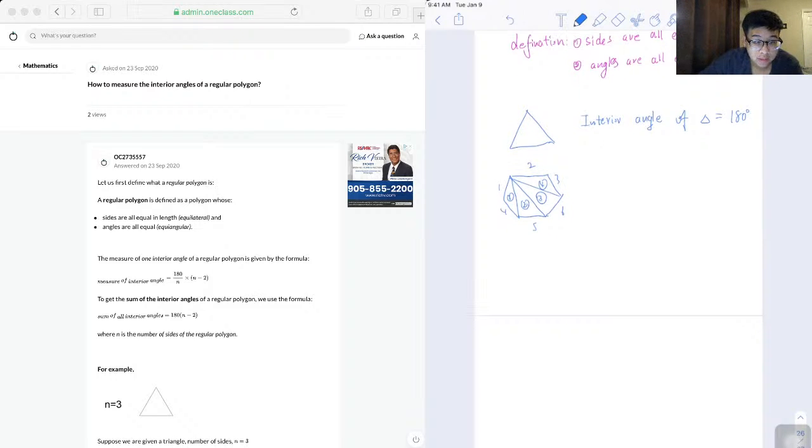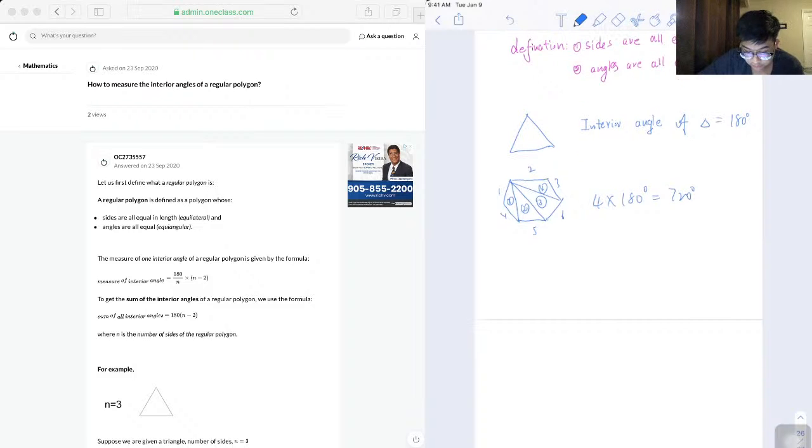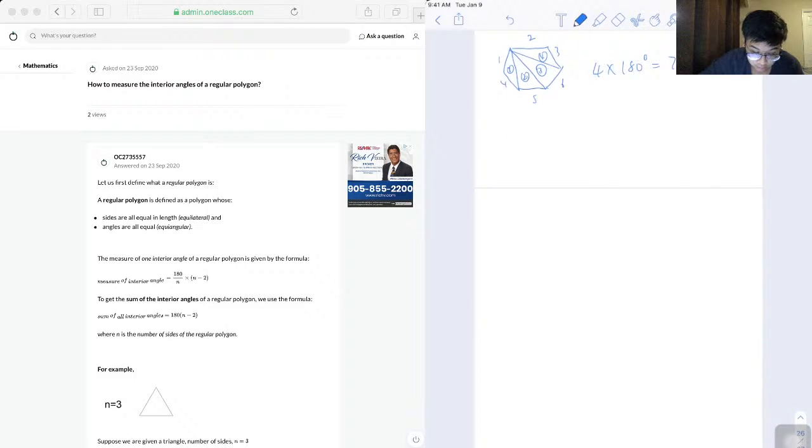And since we know the sum of the angles of a triangle is 180, and we've got 4 of them, we just use 4 times 180. It's equal to 720 degrees. So if we write a couple more of these, we will find the pattern, and I'll write the formula here.